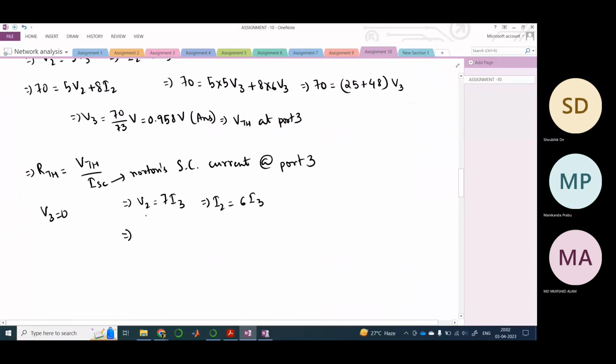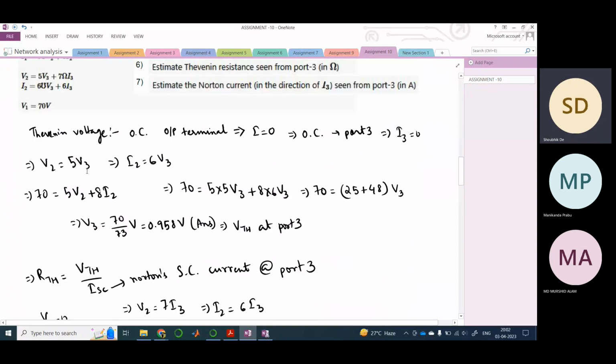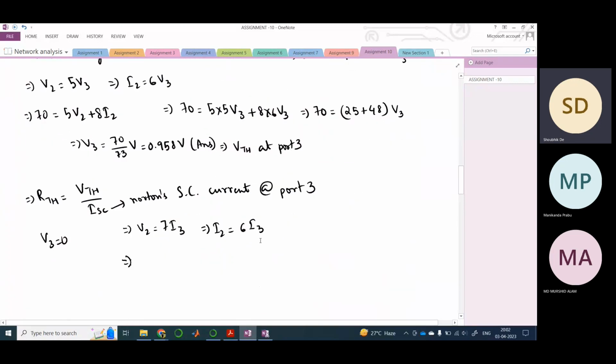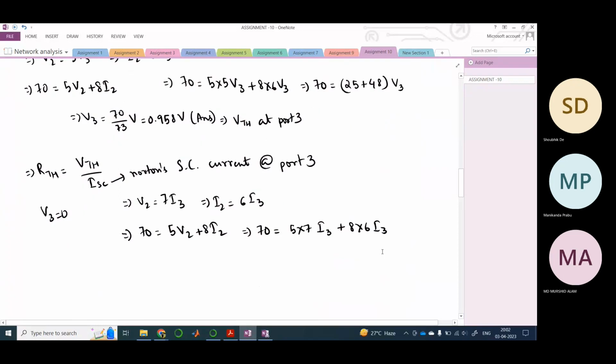Now again we need to replace this into this because it's already mentioned 70. So 70 equals 5V2 plus 8I2. So 70 equals 5 into 7I3 plus 8 into 6I3.